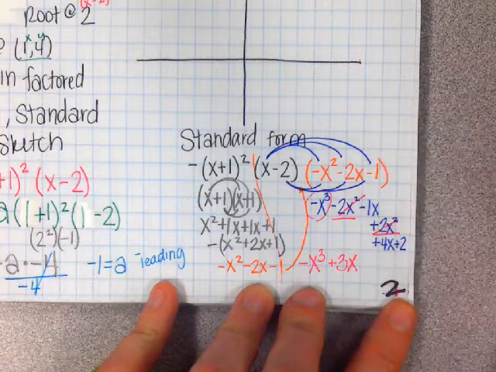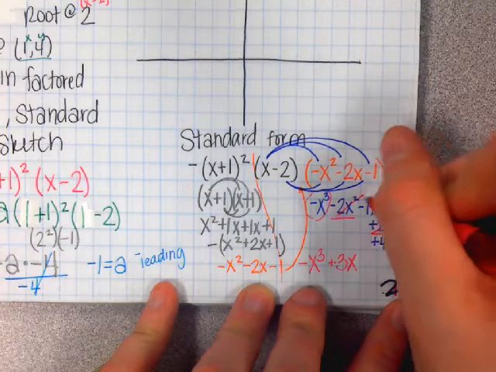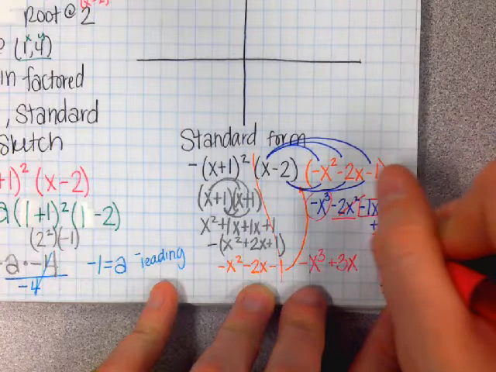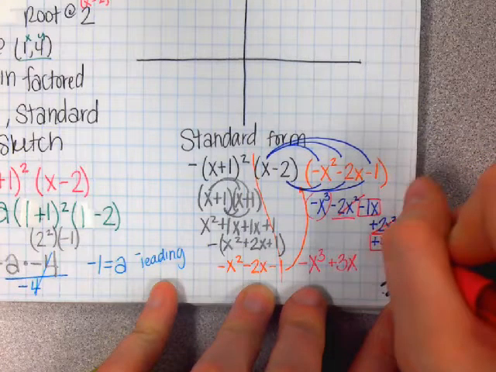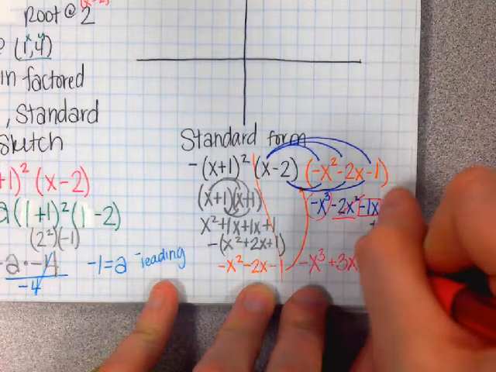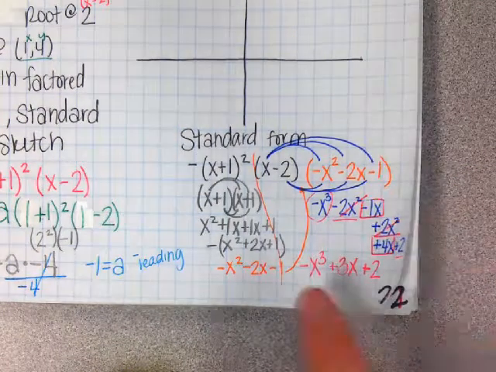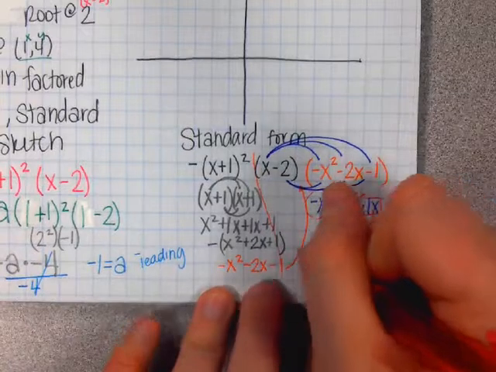If you're unsure, always type it in a calculator. If I owe you $1 and I give you $4, I gave you 3 too much. And then I'm going to go ahead and box just so you can see what I combined there. And then a 2, so plus 2.